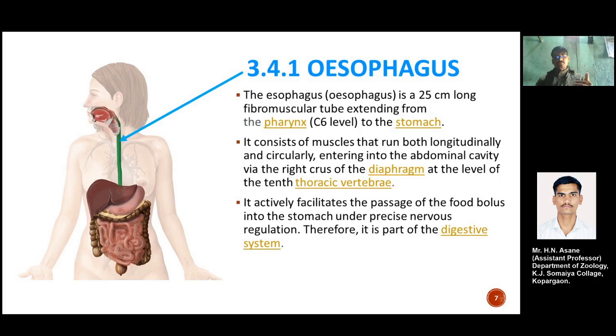Up to that 10th vertebra this canal runs, and that canal is nothing but the esophagus. At this level it actively facilitates the passage of the food bolus into the stomach under precise nervous regulation.